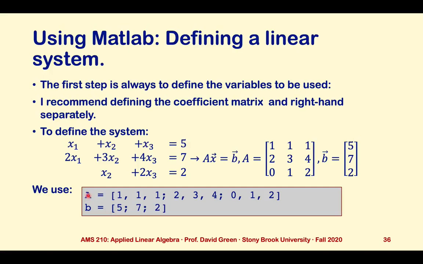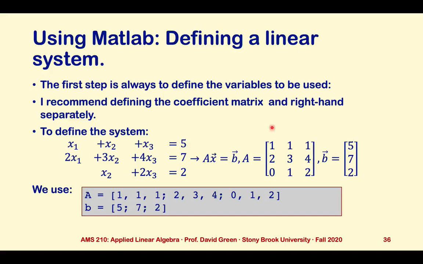Create a variable called A and store in it this matrix. Square brackets say we're dealing with a matrix. The entries of the first row separated by commas, and then a semicolon to move to the second row. The entries separated by commas, a semicolon to move to the third row, and the third row's entries.